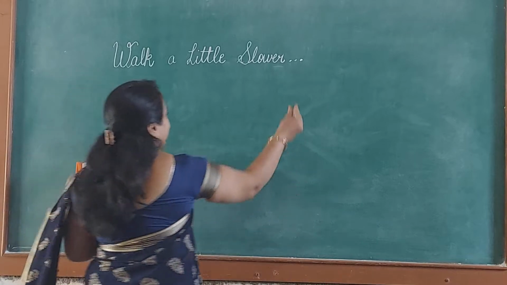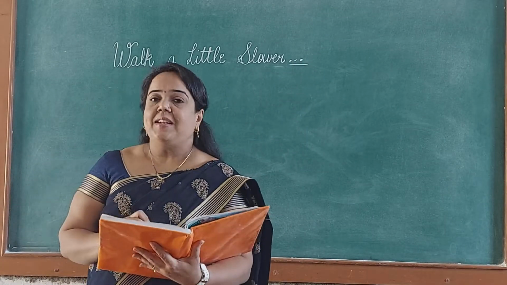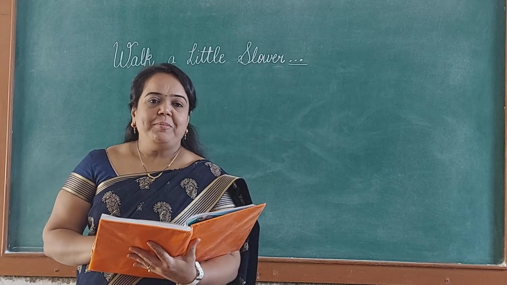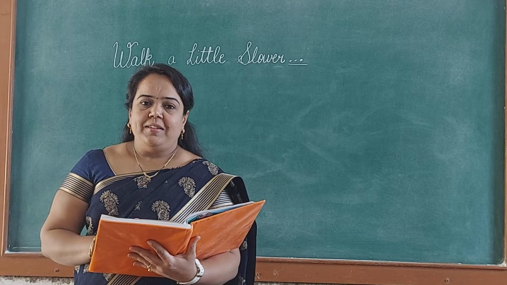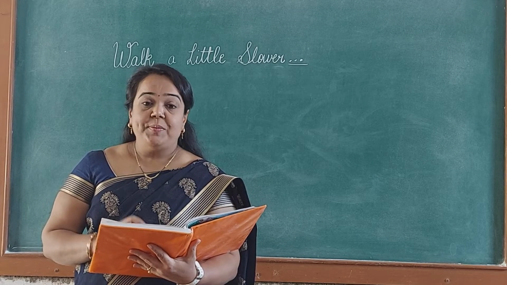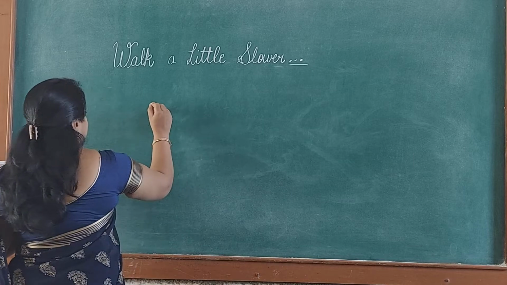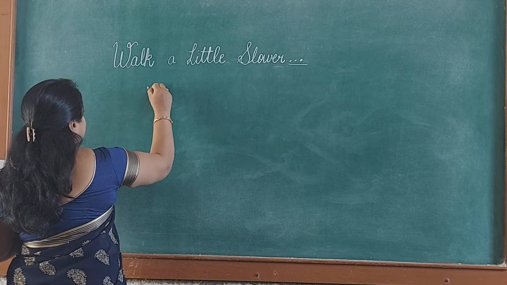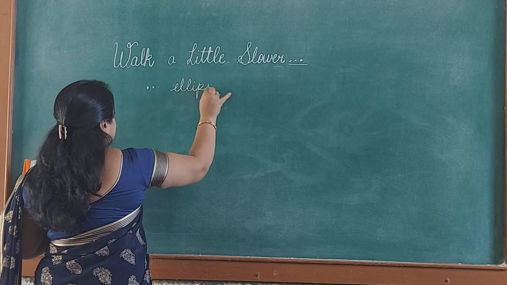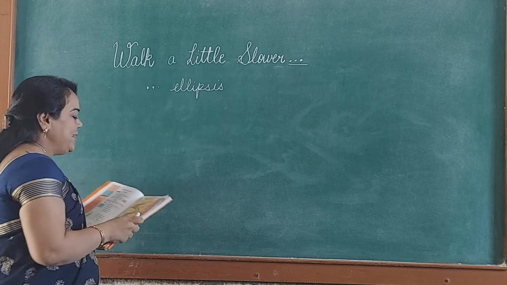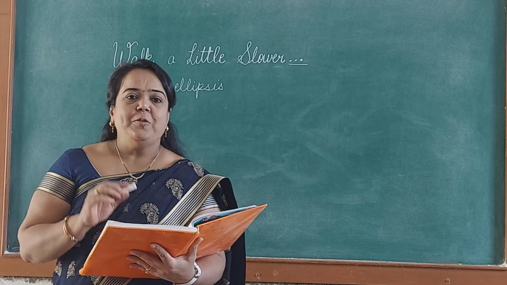Now, walk a little slower. Here you can see 3 dots. What are these known as? These are known as ellipses. A punctuation mark which is usually used when you don't continue the sentence, when you omit. They come from the Greek word which means omission.